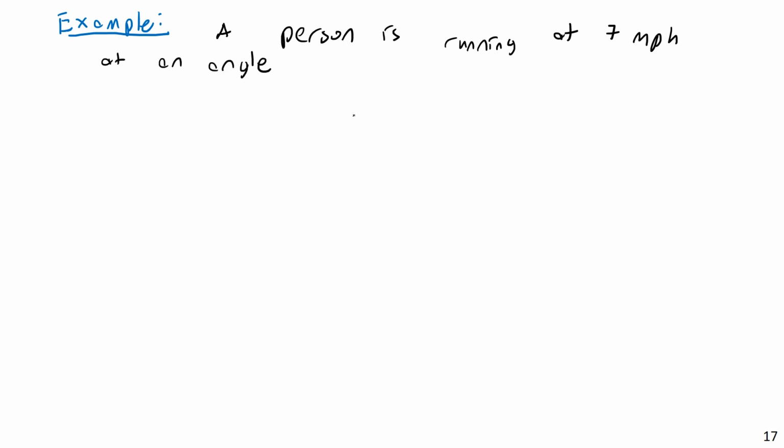So maybe the problem says something like a plane or a car or a person is walking, let me say running, at 7 miles per hour at an angle, let's say 25 degrees above the x-axis.